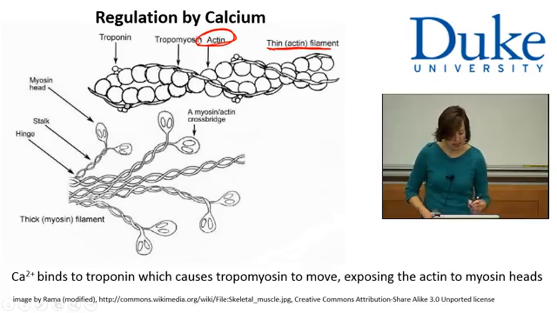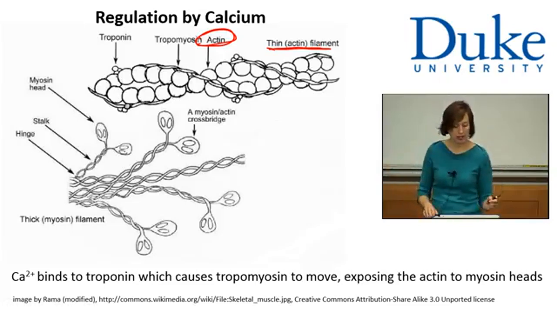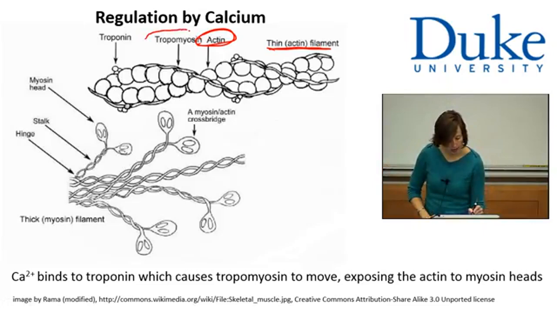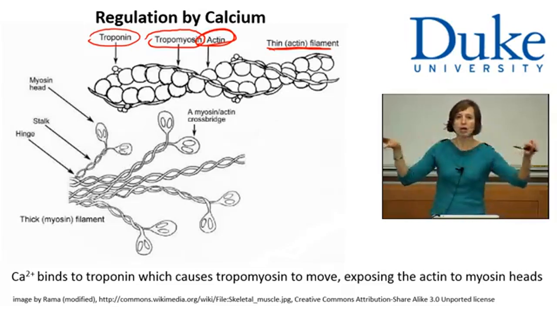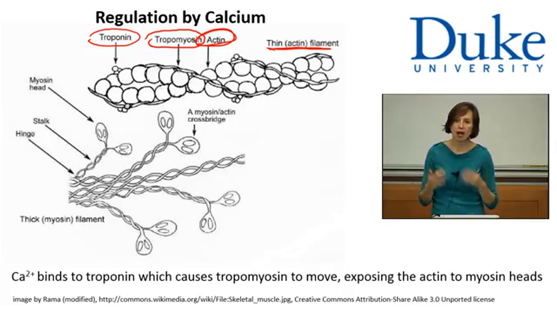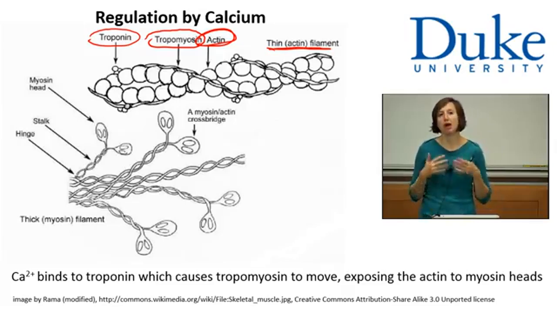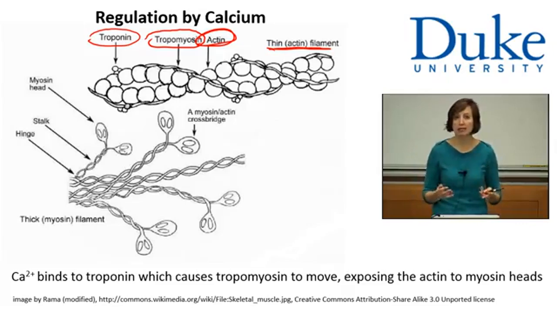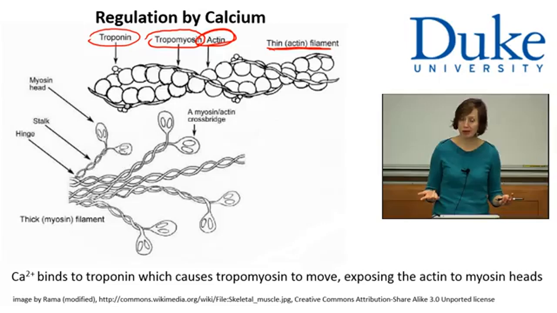You can see there's another structure on here called tropomyosin and troponin. Tropomyosin is running in parallel along the actin, and it's binding actin at the site where myosin would bind. So tropomyosin is preventing myosin from binding actin when there is no calcium around.